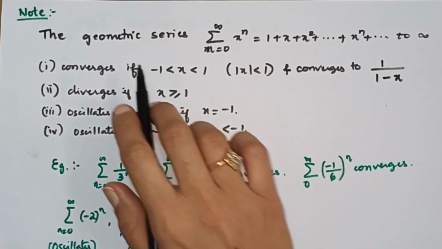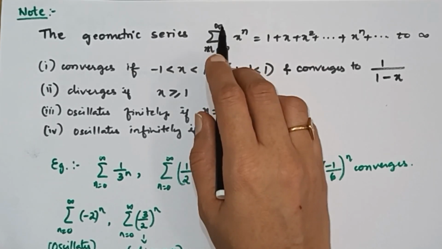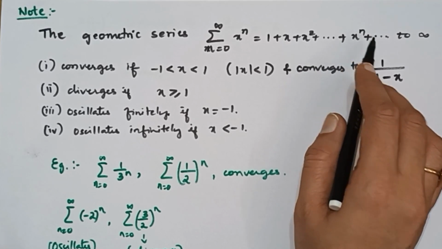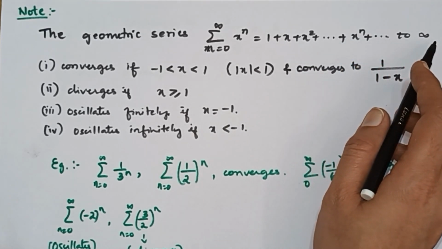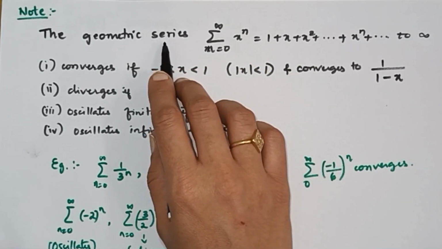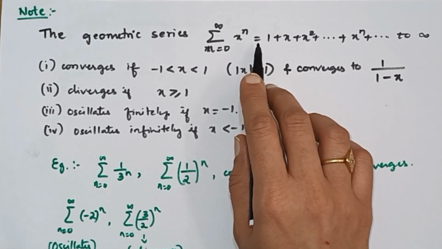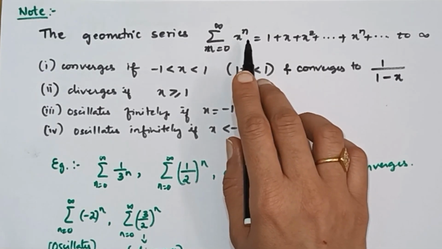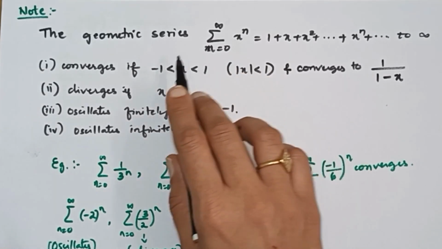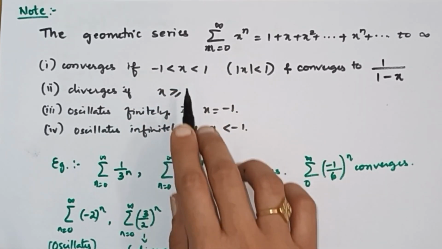Now about the geometric series. The series of the form summation n equals 0 to infinity x power n, that is 1 plus x plus x square plus so on up to x power n plus so on up to infinite terms, is called a geometric series. So whenever a series is given, to check its behavior, you should always first check whether it is a geometric series, because then you can easily conclude the behavior of the series based on these conditions.